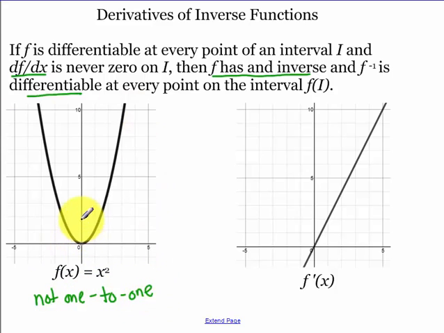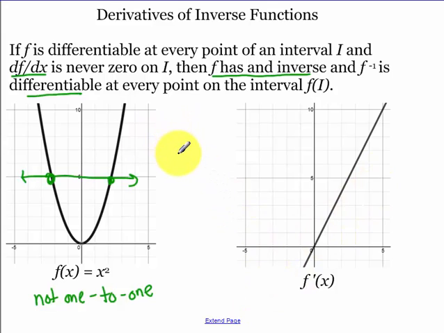So this function is not 1-to-1 because it doesn't pass my horizontal line test. I go through 2 points whenever I draw a horizontal line. The derivative is not always positive or not always negative.